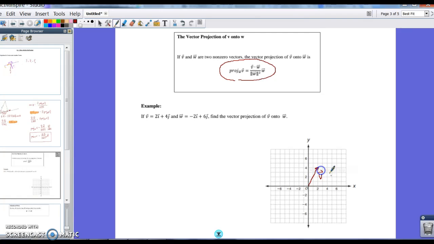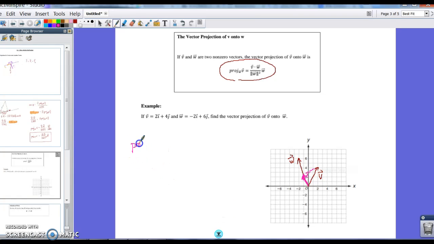That would be vector V. And then negative 2 plus 6, that's going to be W. So the projection of V onto W, if I were to drop a perpendicular, this right here would be that projection. That piece right there would be that projection. We're going to find it mathematically.